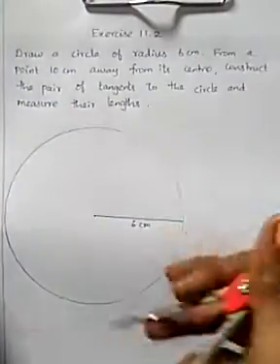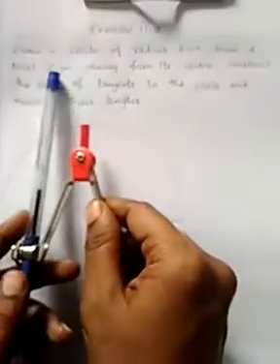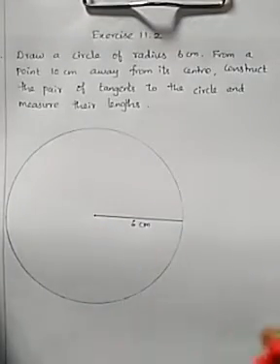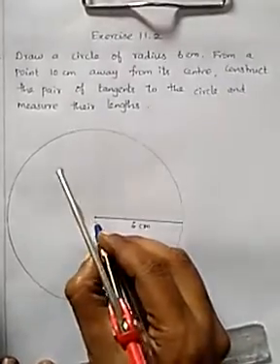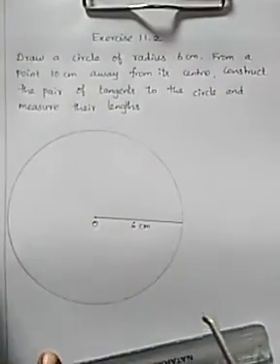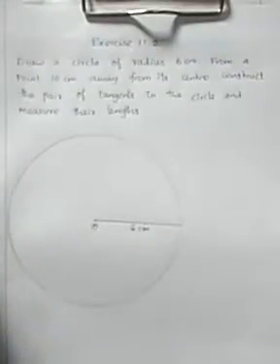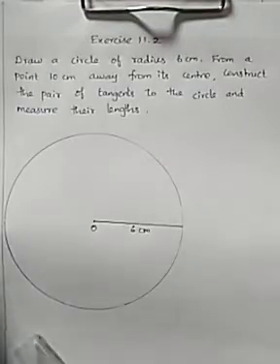Now see the second part: a point 10 centimeter away from its center. Now which is your center? Give the name O as the center. From the same center you have to measure 10 centimeter.